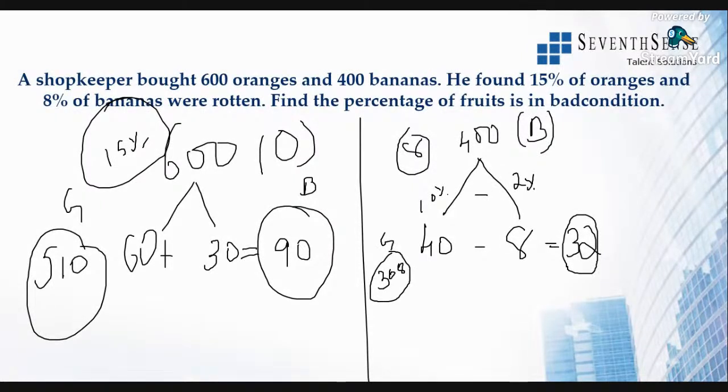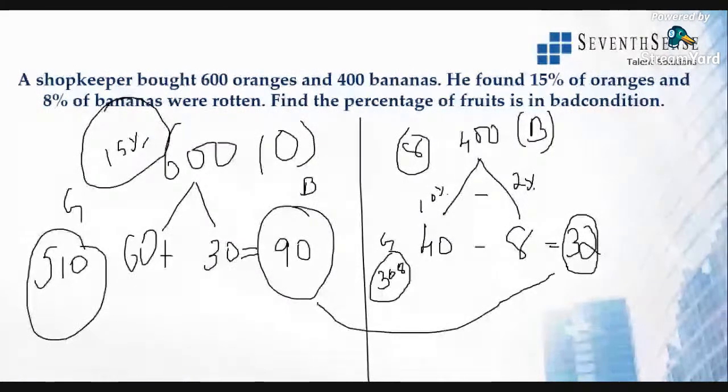They're asking what is the percentage of fruits which were in good condition, sorry, bad condition. Bad condition is 90 plus 32, which is 122. 122 divided by total fruits, because they're asking just fruits together.